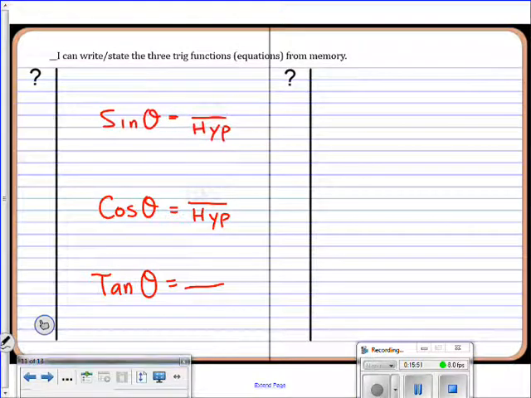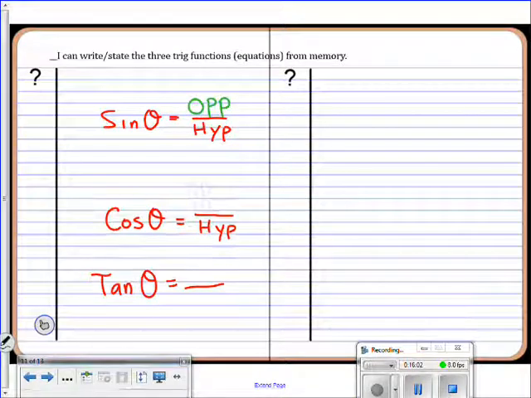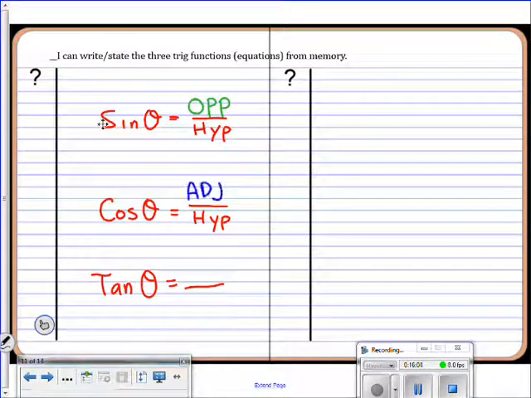So the sine of some angle is equal to opposite over hypotenuse, okay? Now, you have no idea what that means. We're going to do that in a section. You'll have it, okay? Cosine of an angle is adjacent over hypotenuse. So if you can remember those two, you can remember tangent.